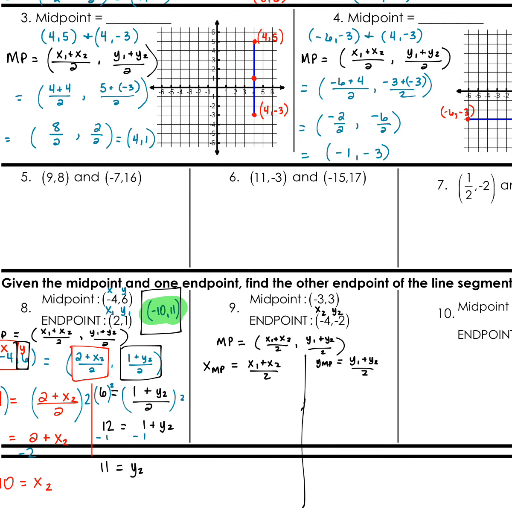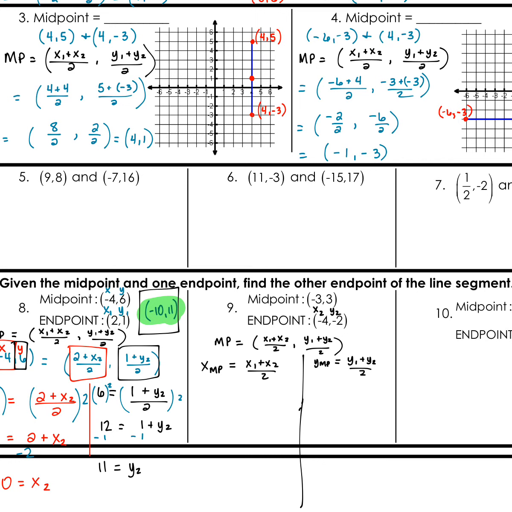Alright, so the x value of our midpoint was -3. We're going x1 plus -4. Multiply both sides by 2.